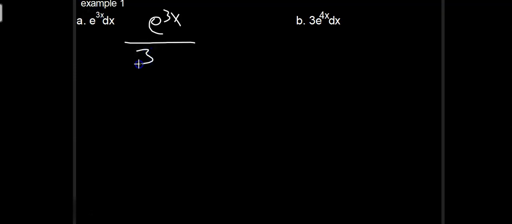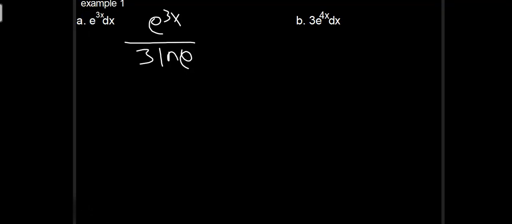So it will be 3, and then ln e. It can also be another constant number, but whatever they give you over here, you just have to write it this way, ln e.